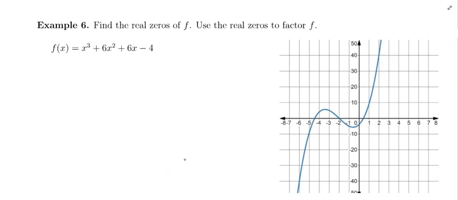The first thing we're going to do is recognize the degree of this polynomial function and write down what that tells us about the maximum number of zeros. So if you scan this polynomial function, the highest power of x is 3. So this is a third degree polynomial.